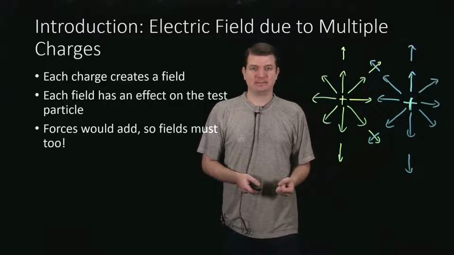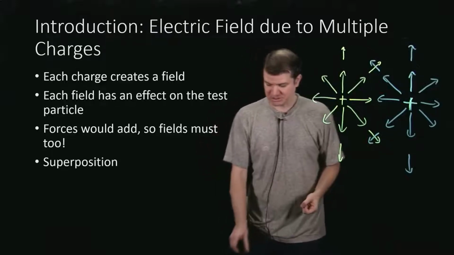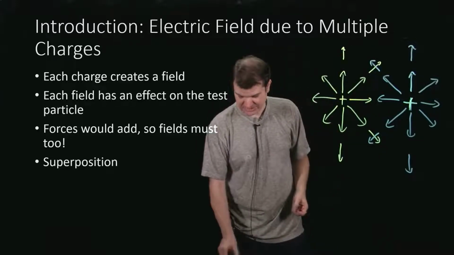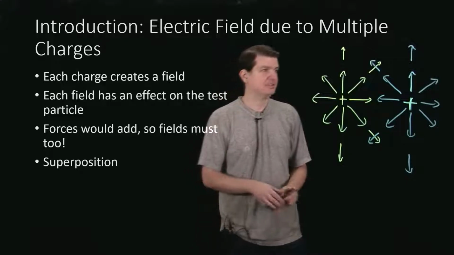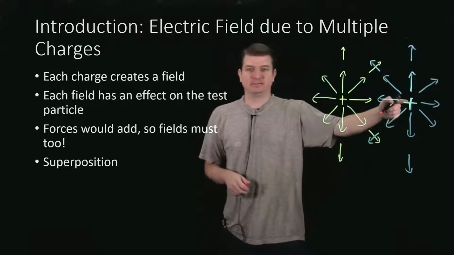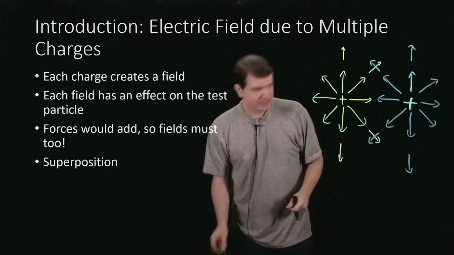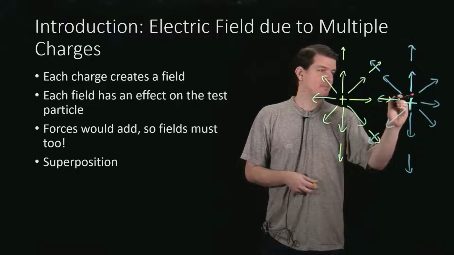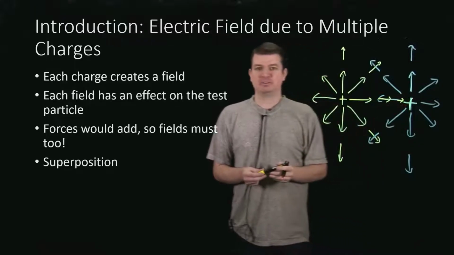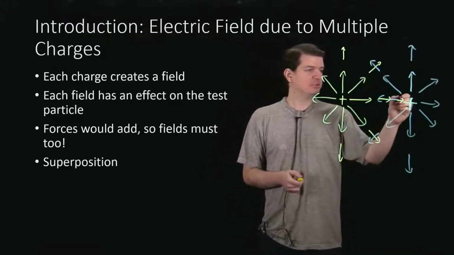This is the idea of superposition, and what it amounts to is very much what we've just said. We're going to add those vectors. So close in, this yellow one is maybe contributing a very small bit. So it would subtract a tiny bit from the blue, but not much.